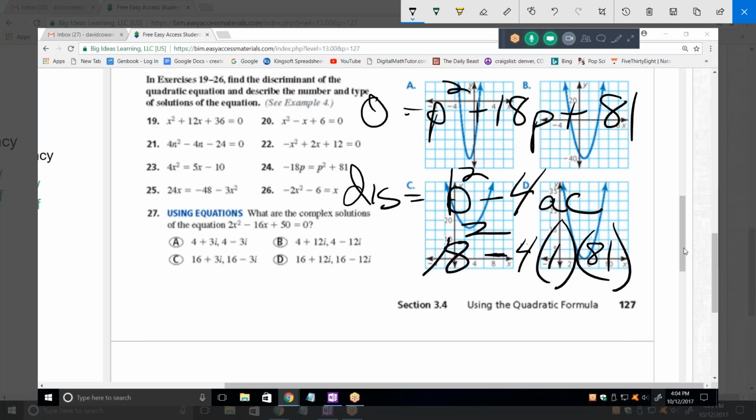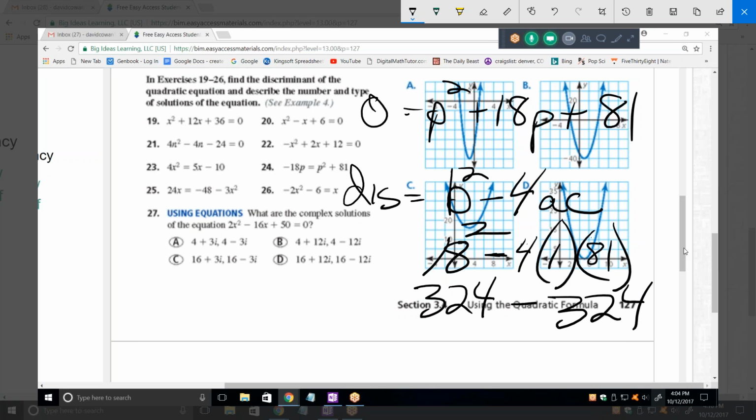Unfortunately, this isn't one of those cases. I don't personally know which is bigger, 18 squared or 4 times 81, so you need your calculator here. What's 18 squared? 324. And 4 times 81 is 324 also. Am I correct? Yeah.